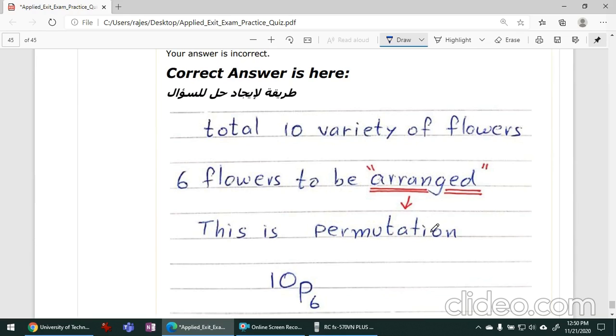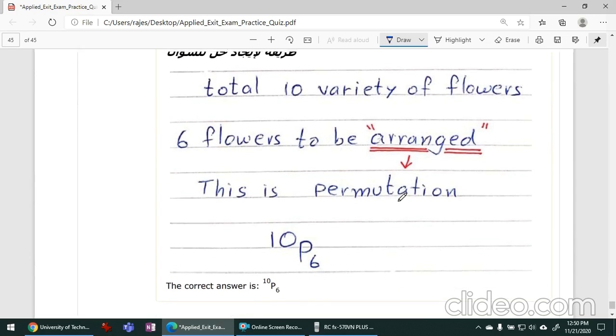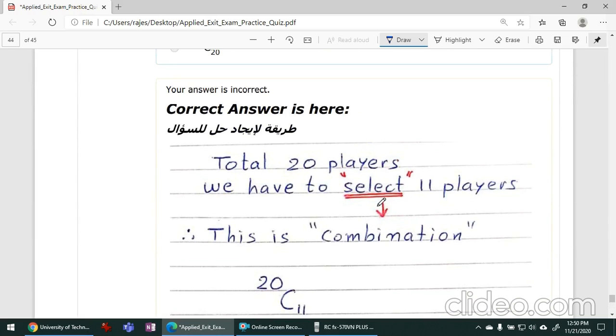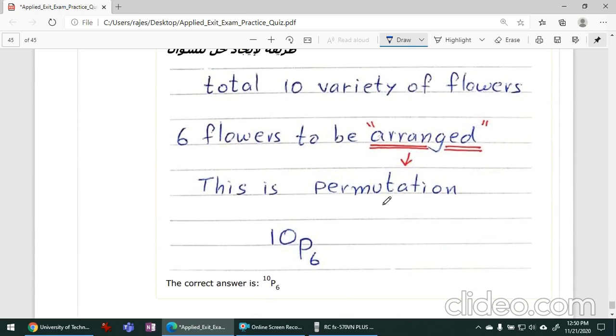Arrange means it is called permutation. You will write P here. You are choosing only 6. So arrangement is permutation, and in the previous question, selection, or choosing, is called combination, so you will write C there. If it is arrangement, then you will write P here, 10P6.